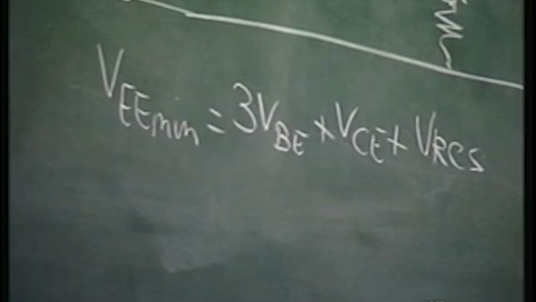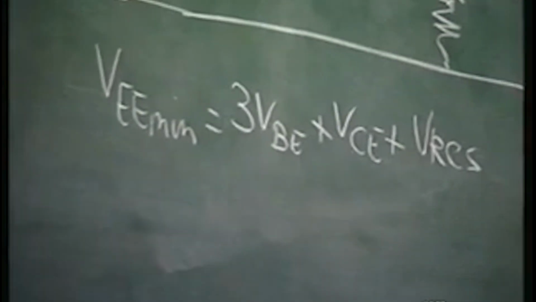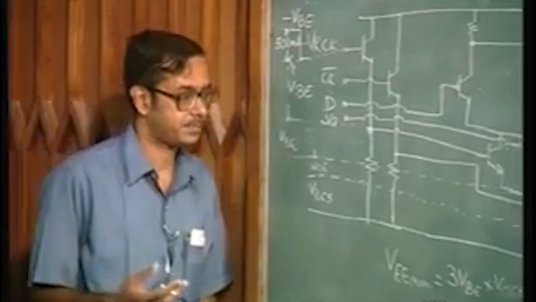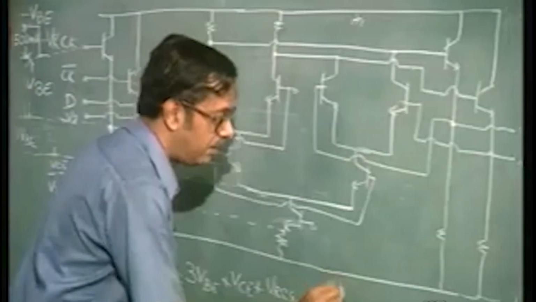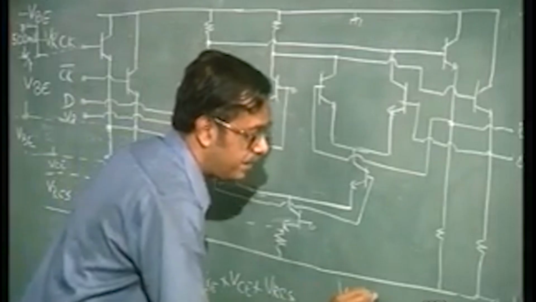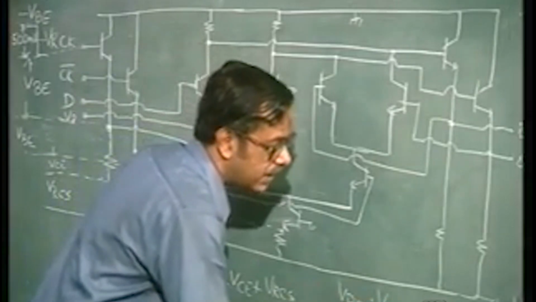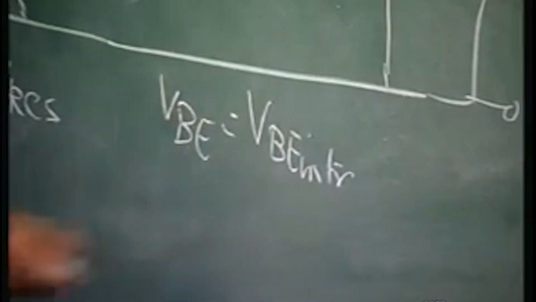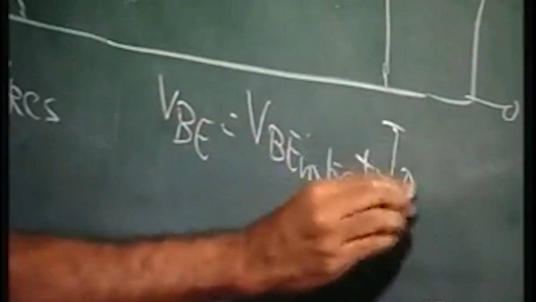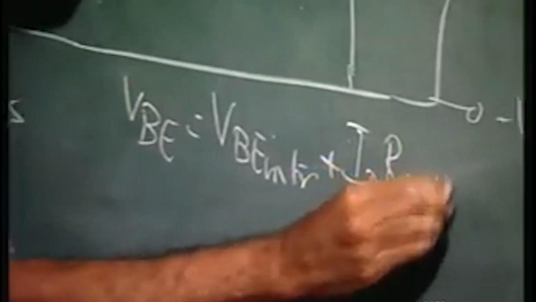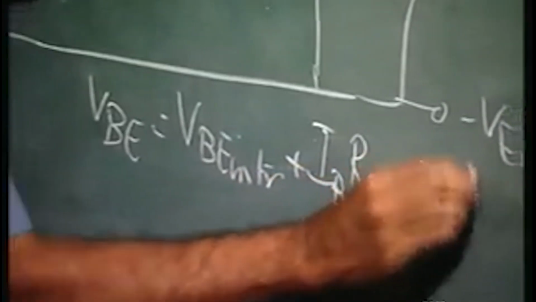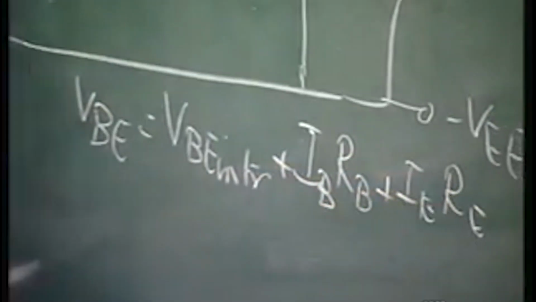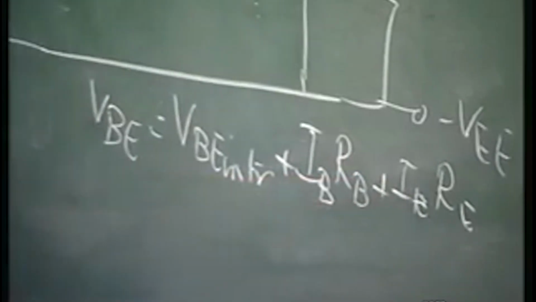Okay. All right. Now, for these circuits, VBE is actually given by VBE intrinsic, that is the intrinsic drop across the PN junction, plus IB RB plus IE RE. Okay. All right.